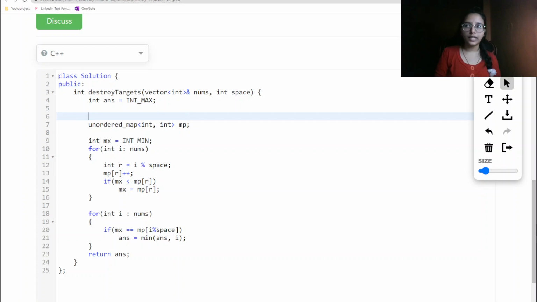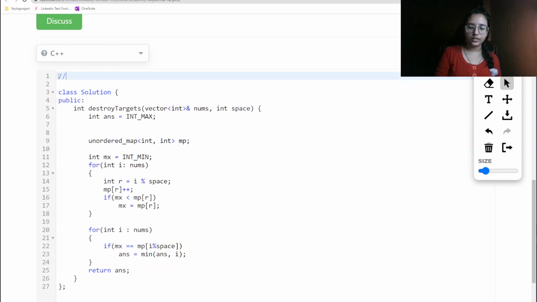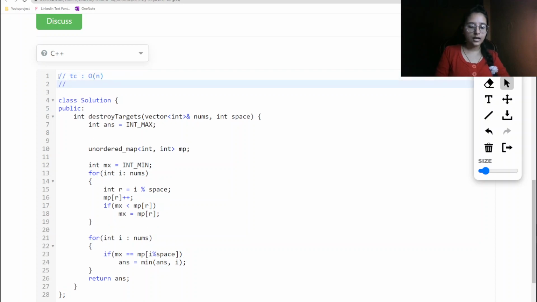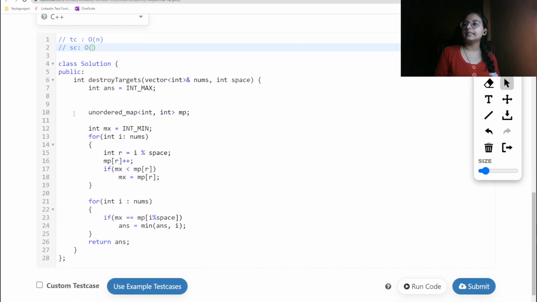So the overall time complexity of this solution is order of n, where n simply refers to the size of the input array. Now the space complexity: we are using this unordered map. The number of elements, say it is n, so that's why space complexity becomes order of n.